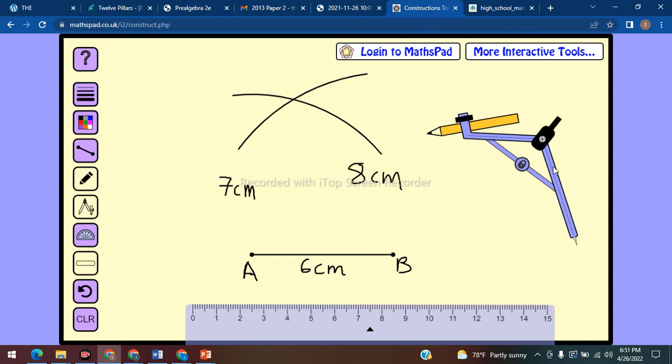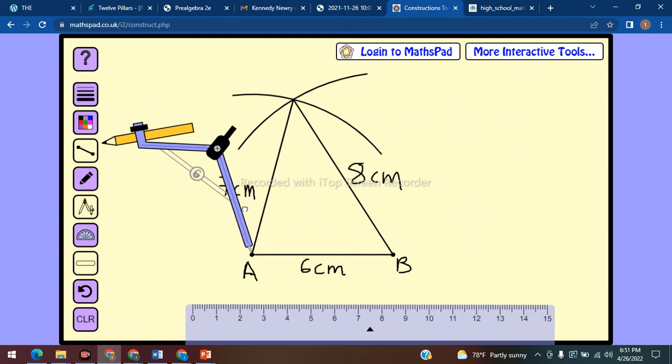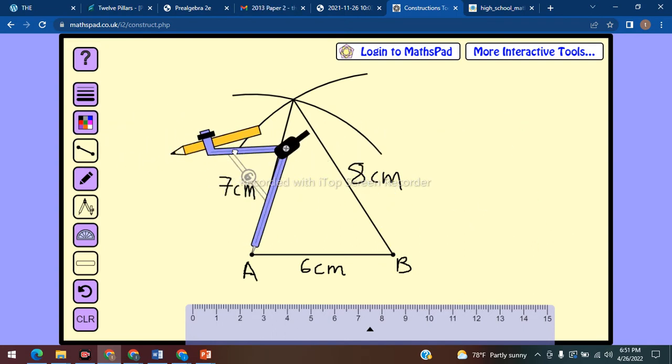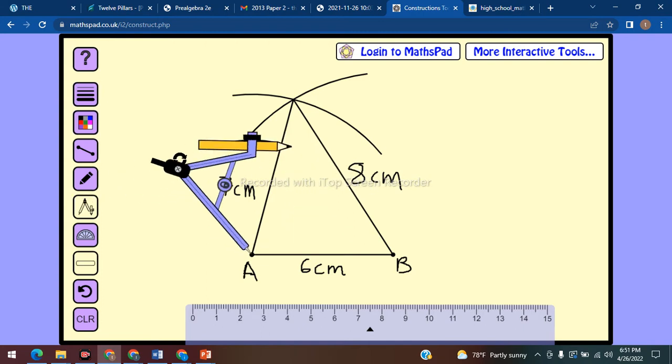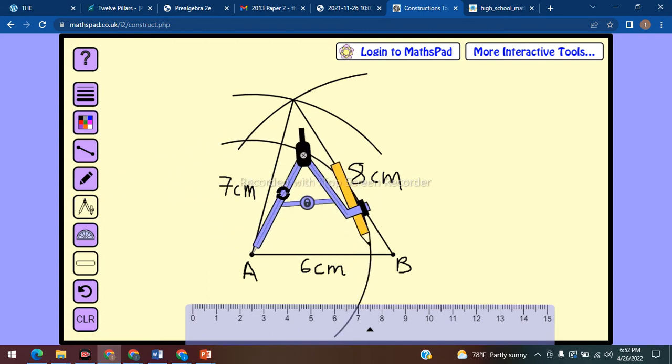And now we cross it out. There we go. So that's 7 and it's 8. Now we need to bisect it. Bisect means cut it in half. So we need to go here, and we need to make sure that it's not half, but more than half. And then we need to draw an arc.